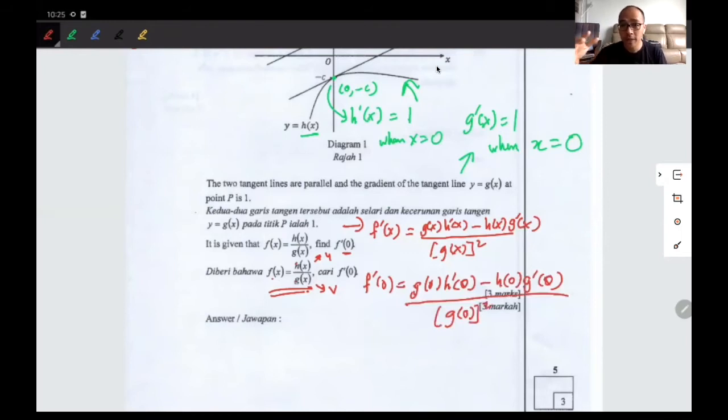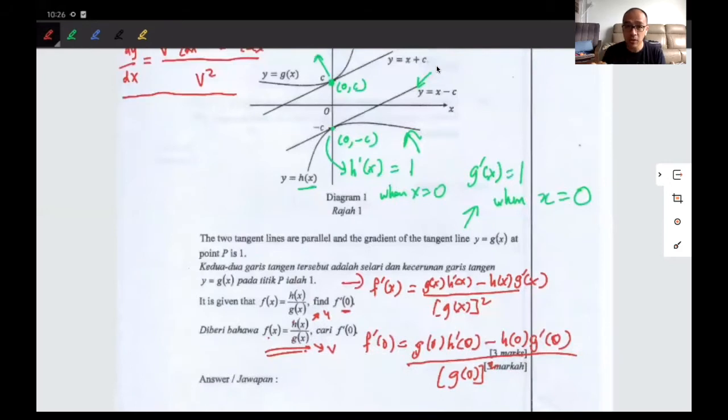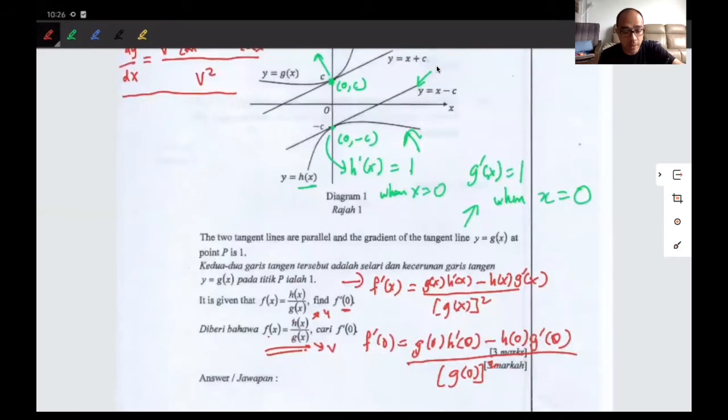Now, if you can follow me up to this point, then notice that for the simplification, look. G0, so this is g. When x equals to 0, what is the value of g(0)? It is c. Actually, it is c. g(0) is c, right?